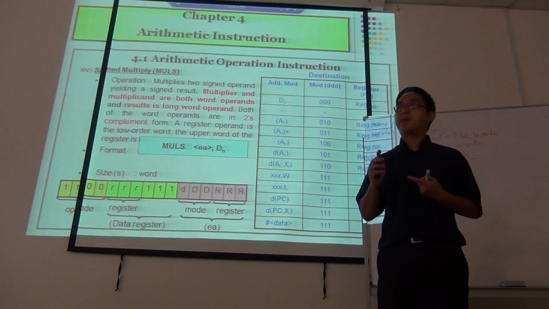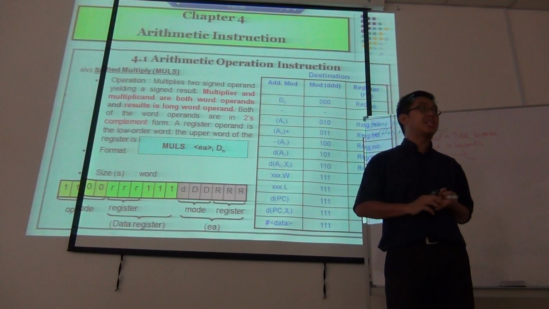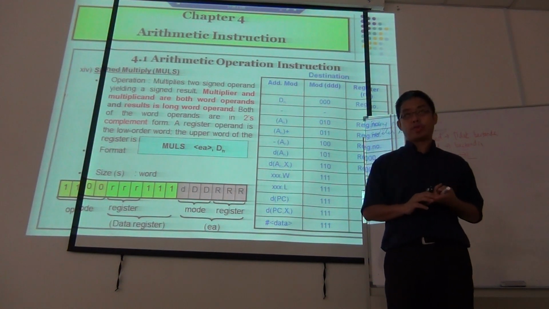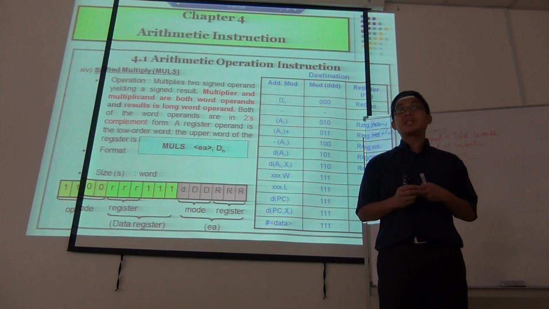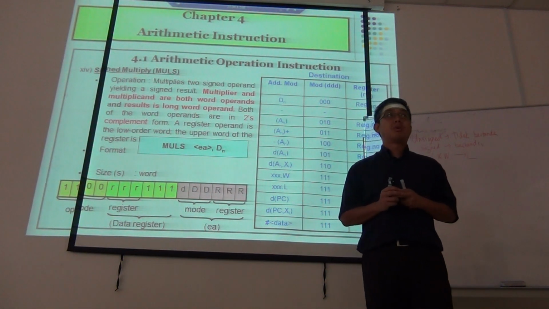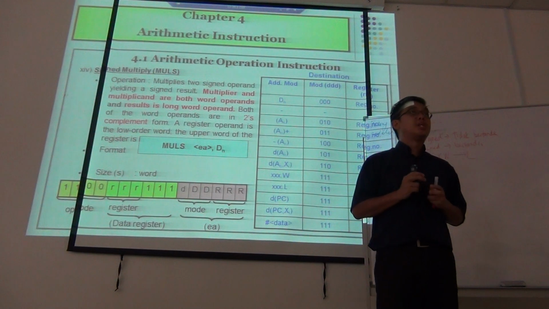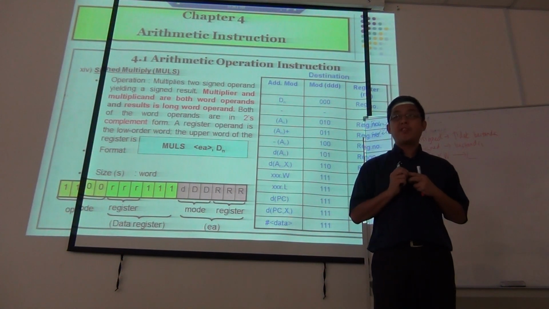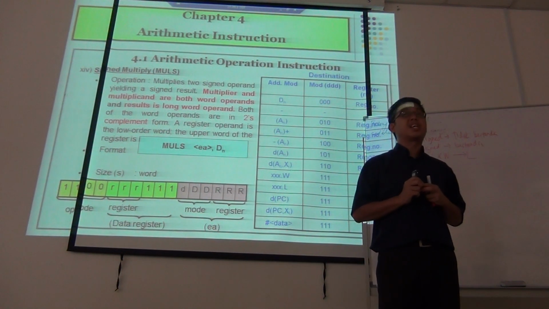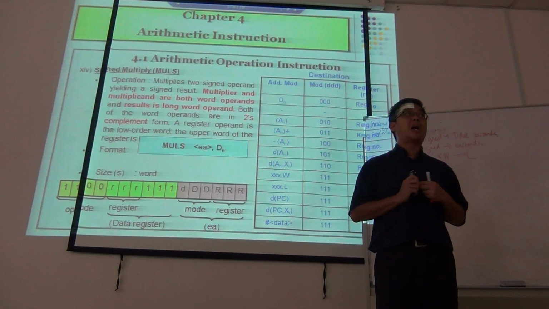Sign means it can be positive, it can be negative. It can be both. Multiply unsigned means only positive values. For sign, you are allowed to have positive values, and you are also allowed to have negative values. Both values are okay.